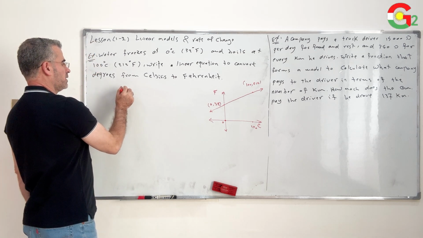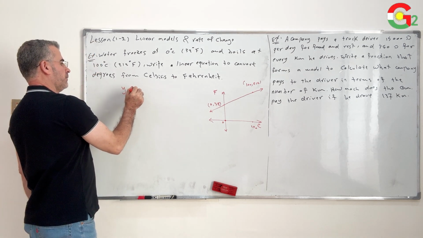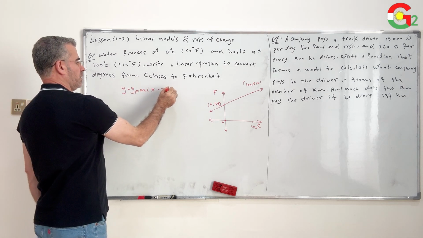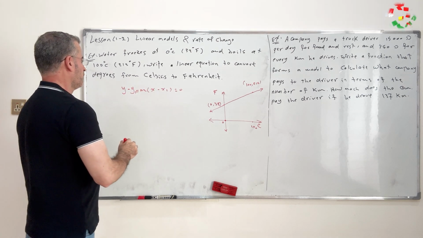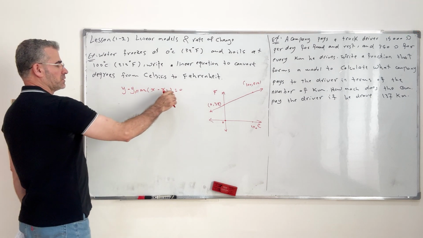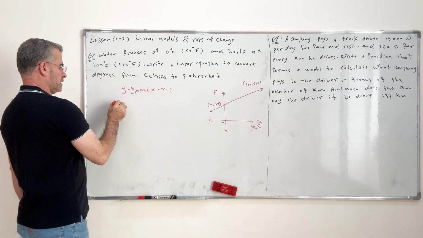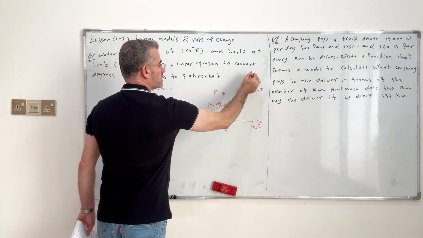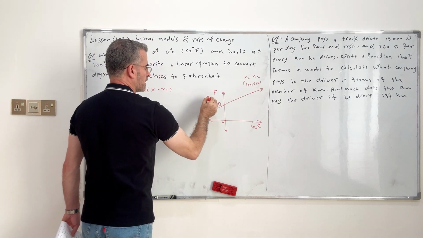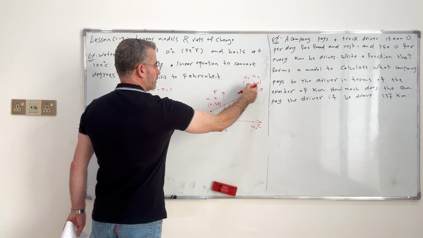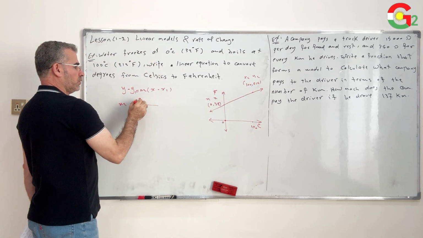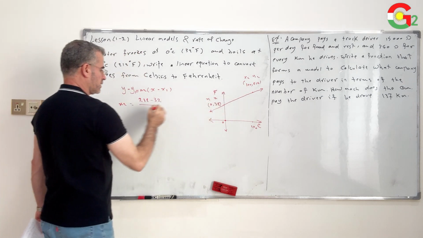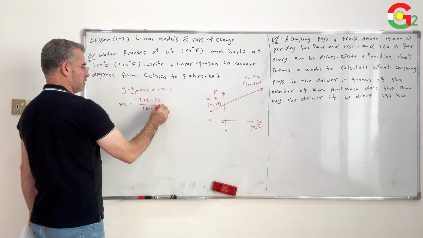I apply the point-slope form, y minus y1 equals slope times x minus x1. Let me find the slope first. The slope equals, here this point is (x2, y2), and this point is (x1, y1). y2 minus y1, 212 minus 32, over x2 minus x1, 100 minus 0.